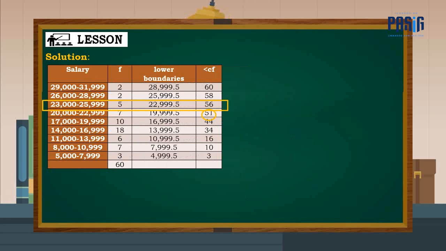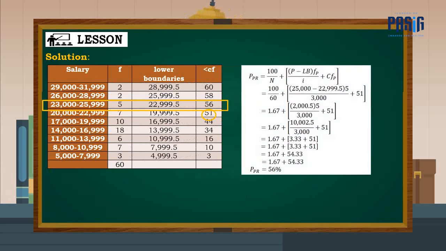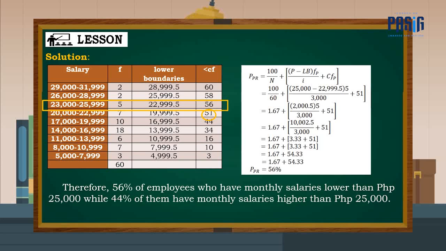Using the formula in percentile rank and by substituting the given, we obtained 56%. Therefore, 56% of employees have monthly salaries lower than 25,000, while 44% of them have monthly salaries higher than 25,000.